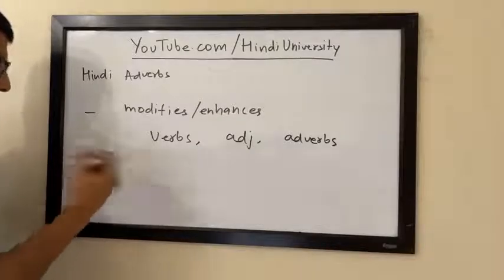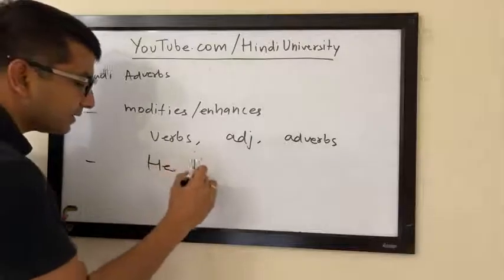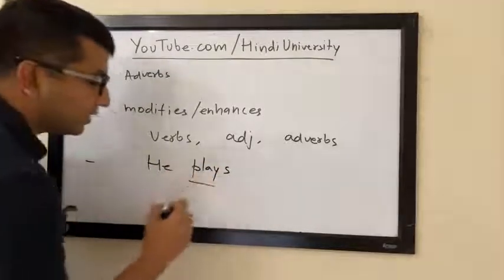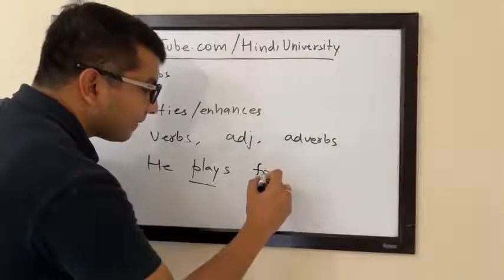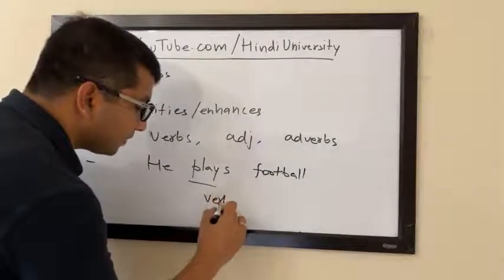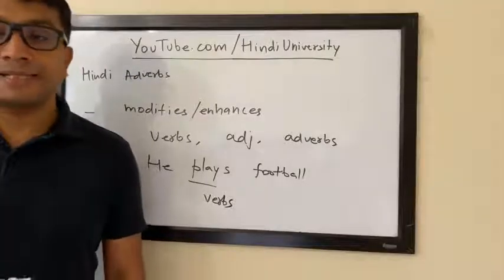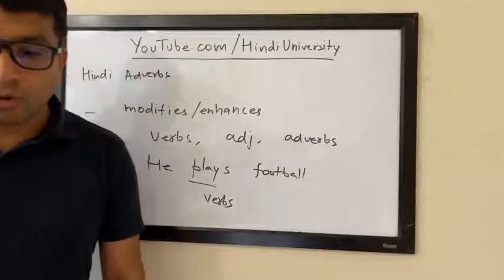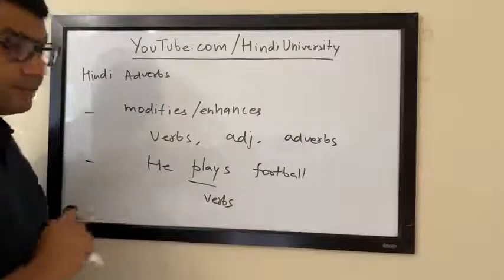Imagine a simple example: he plays. Let's say he plays football. You know that play is a verb, but it does not tell you how he plays. Whether he plays aggressively, patiently, skillfully, all of those are enhancing the verb play.